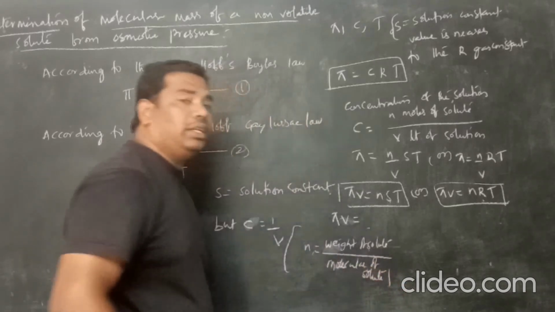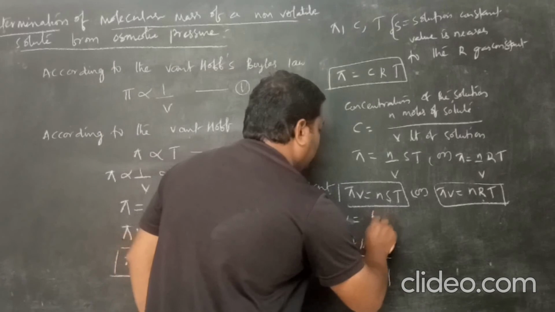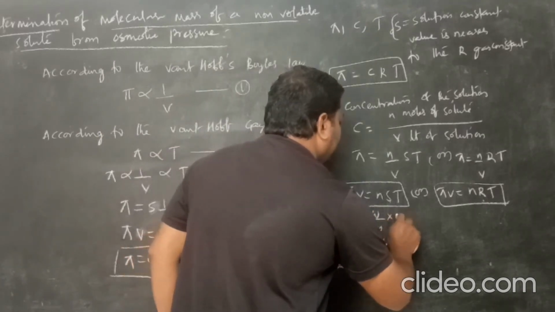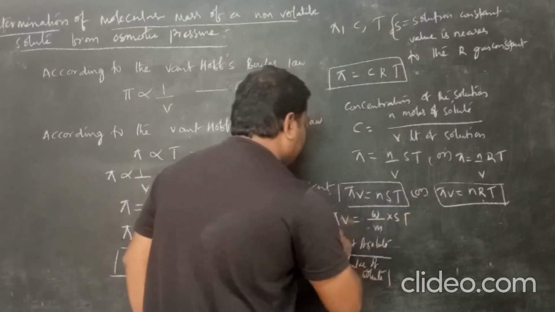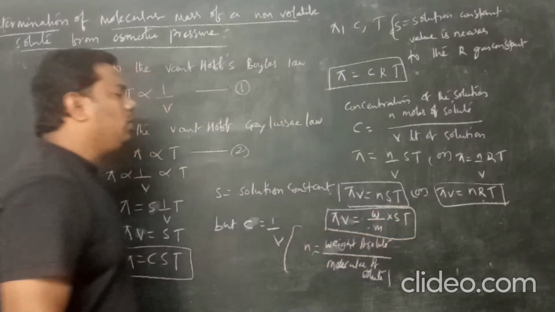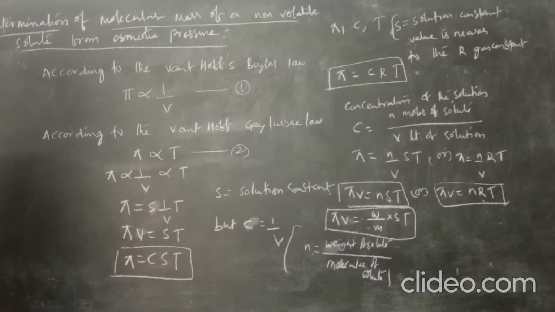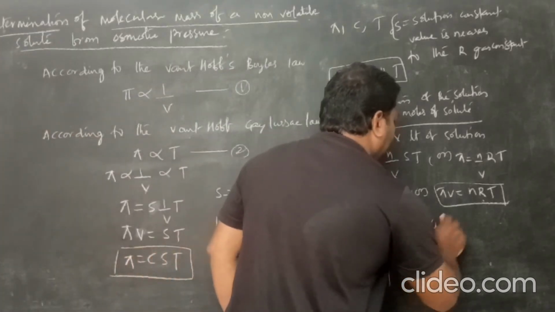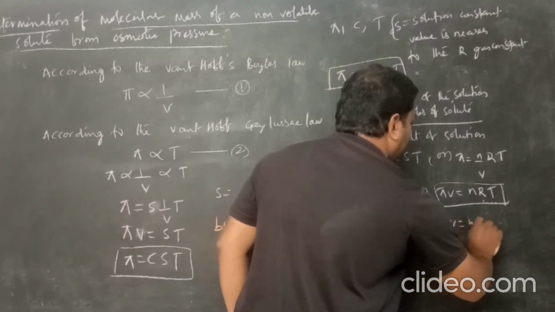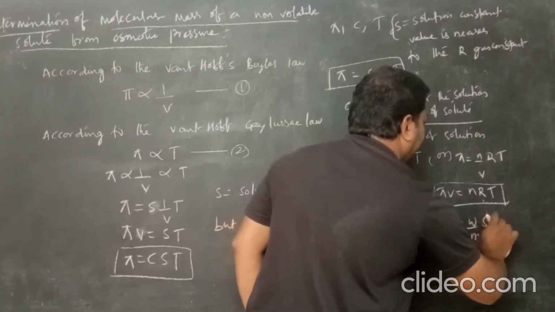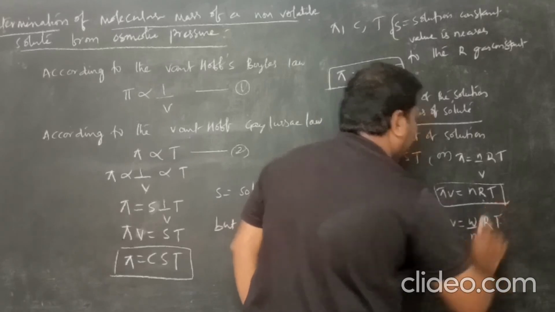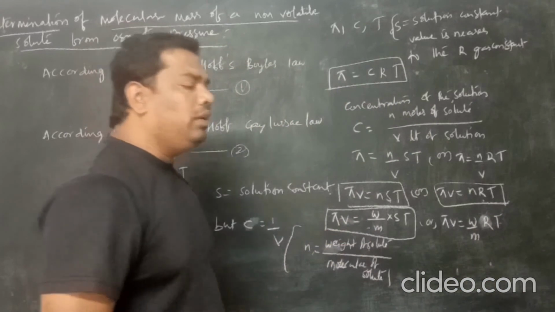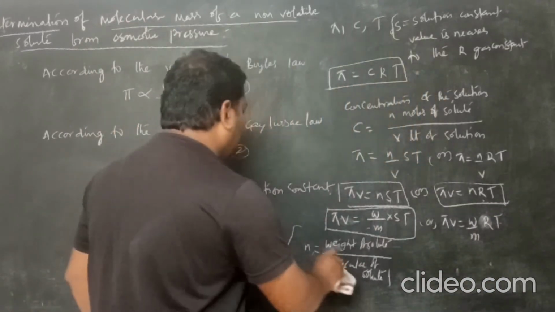Clear, students? So pi V is equal to W by M into S into T. Here also we write pi V is equal to weight by molecular weight into R into T. Here we will calculate the molecular mass of the non-volatile solute.